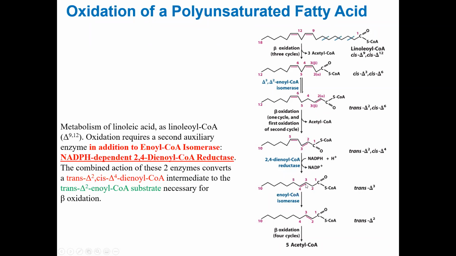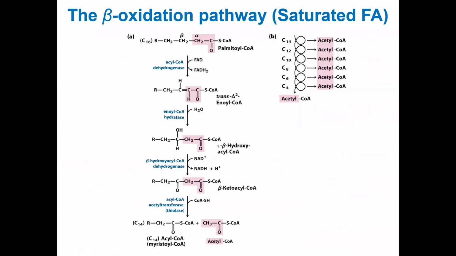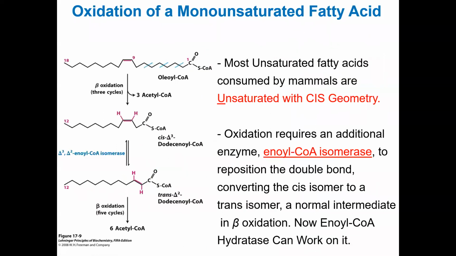Right. So once you have trans delta 3, then of course you can take enoyl-CoA isomerase, which will isomerize that 3,4 trans double bond to a 2,3 trans double bond. Now students often ask this: enoyl-CoA isomerase, doesn't it actually do slightly different chemistry? Where is that enoyl-CoA?